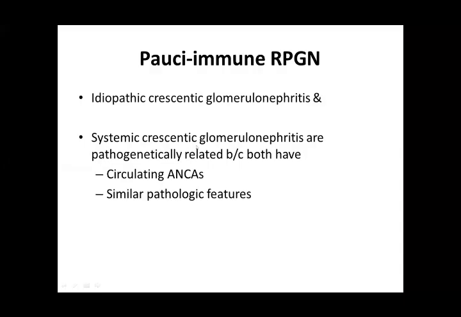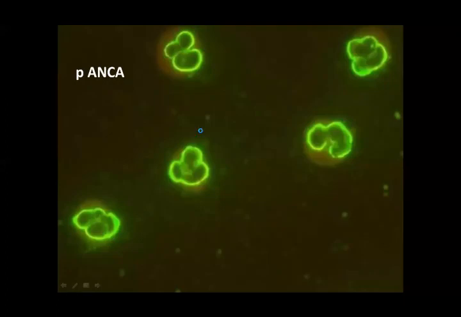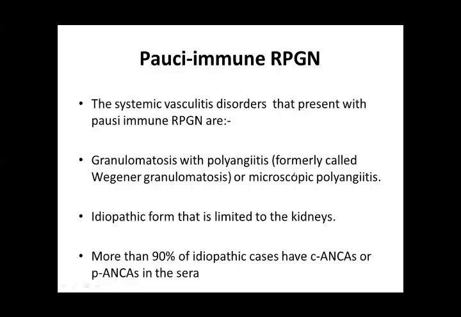Systemic vasculitis and crescentic glomerulonephritis are pathogenically related because they have circulating ANCAs and similar pathological features. All pauci-immune diseases are small vessel diseases. Wegener's granulomatosis is a small vessel disease.